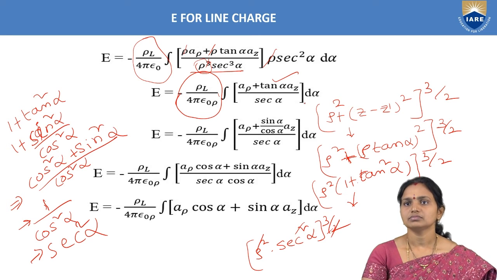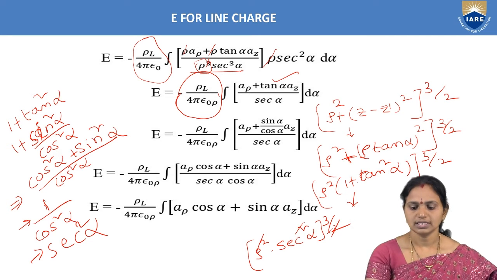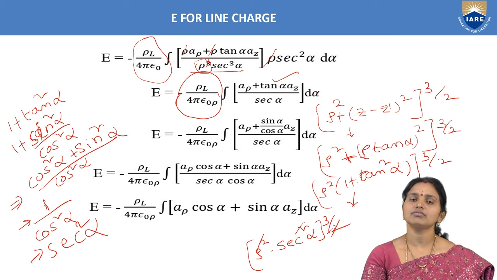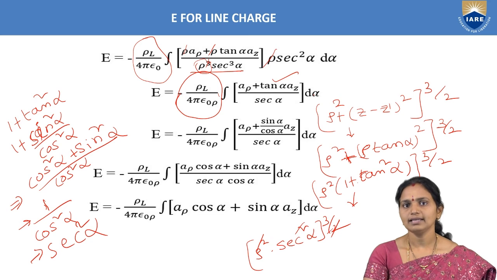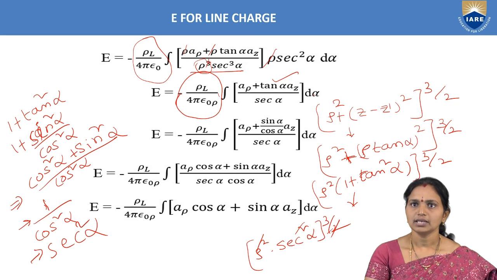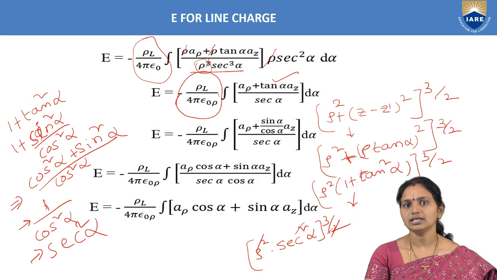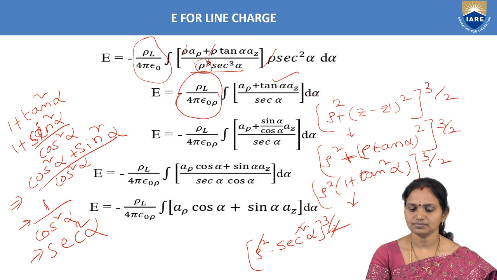Before, we integrated along z; now we have to integrate this with reference to alpha. We know this line charge density is located along the z axis in between points a and b, so the integral limits are from za to zb. Now the integral limits za and zb have to be changed into alpha terms.